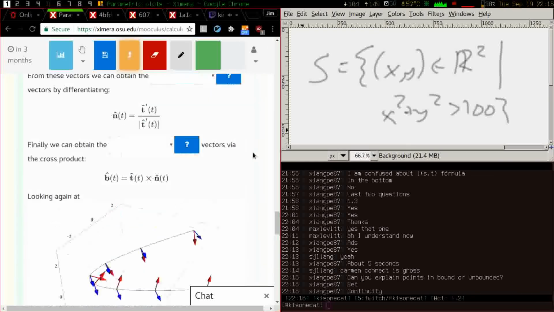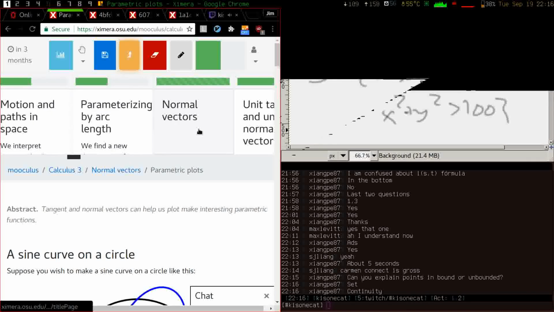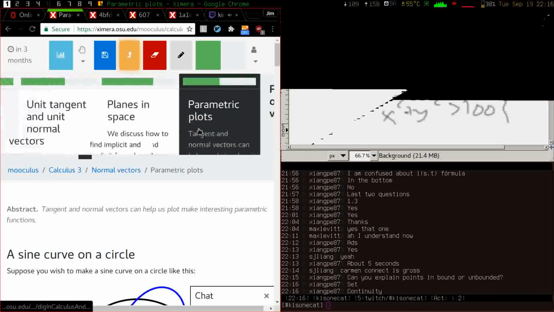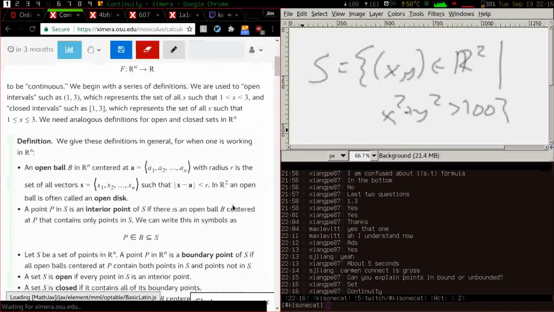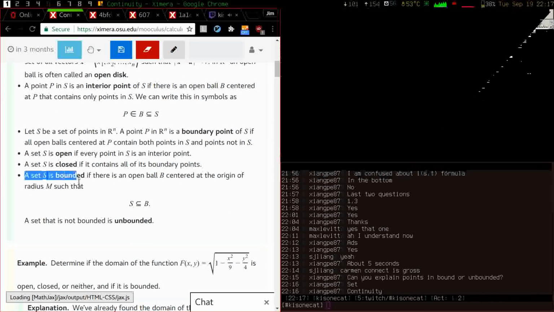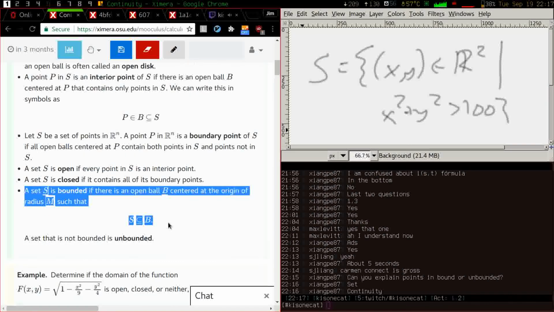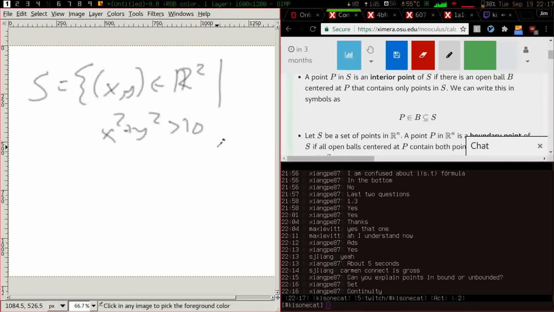Oh, you mean in the section on continuity? You want to look at that? Let's move to, here's continuity. So here they're giving you definitions of when a set is bounded and unbounded, and let me draw another picture here.